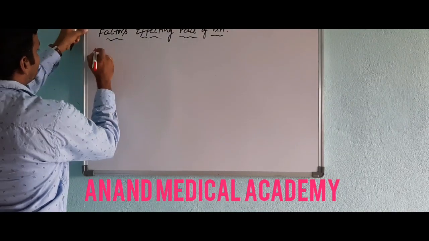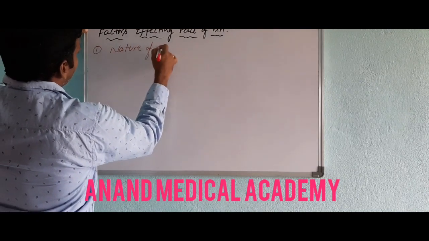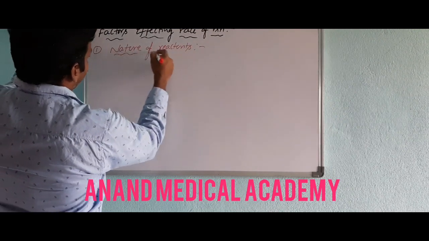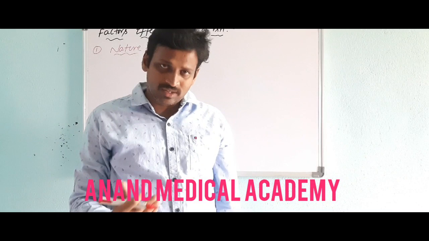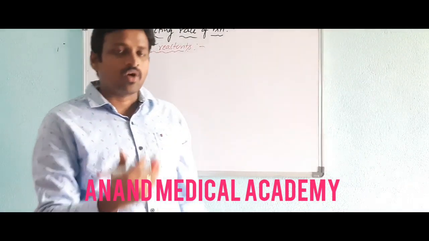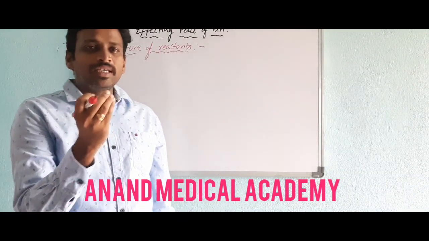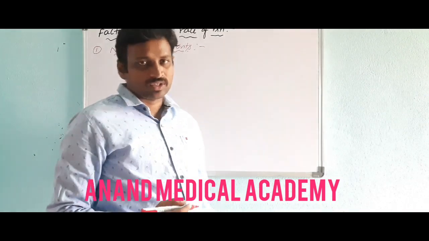So the first one is nature of reactants. What kind of reactants, if we consider them in a reaction, or what kind of reactants must be present to have a higher rate of reaction, or which reactants, if present, make the rate of reaction low, like that we have to discuss.